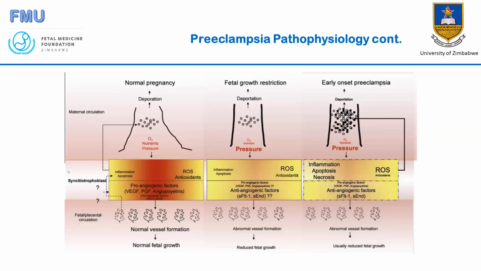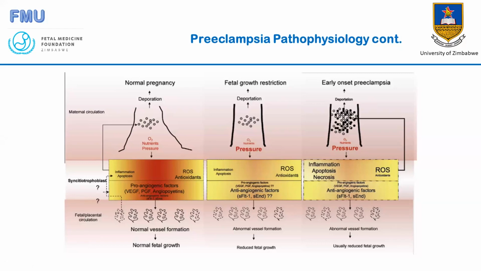So in the non-pregnancy, you can see that the nutrients, the pressure, and the oxygen are normal, and the pro-angiogenic factors, which include vascular endothelial growth factor, placental growth factor, as well as the angiopoietins, are all normal.